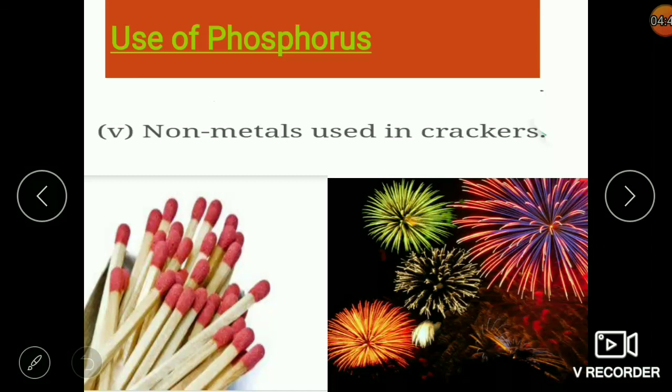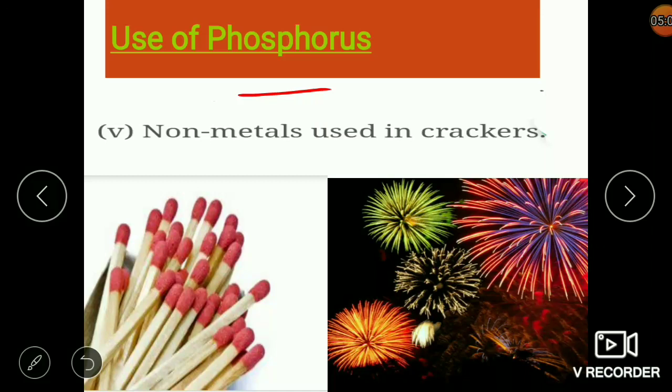Next, the use of phosphorus. You have seen the beautiful crackers. When we burst the crackers, they glow and produce a bright flame. Now, which non-metal element is used in crackers or even in the matchstick? The element is phosphorus.